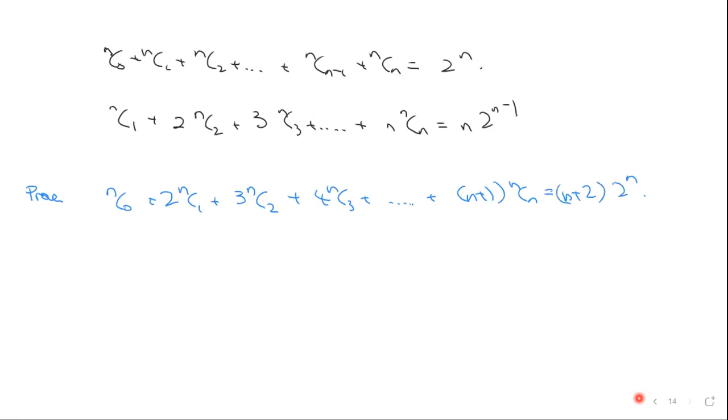So that's what we're trying to prove here. And so right now we've got these expressions, nc0 plus nc1 plus nc2 plus dot, dot, dot, plus ncn equals 2 to the n, and this. We want to get here.